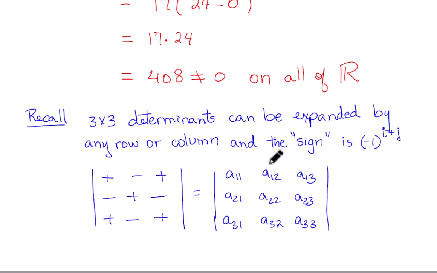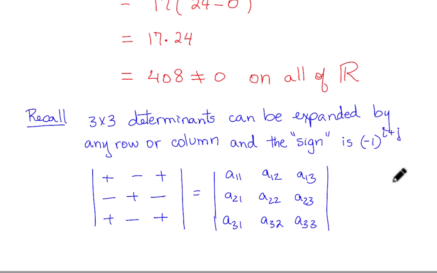So you see here, position a12, the sum of the indices is 3, minus 1 to the 3 is a negative. So again, you can expand by any row or column that you like, and you typically pick one that is convenient.